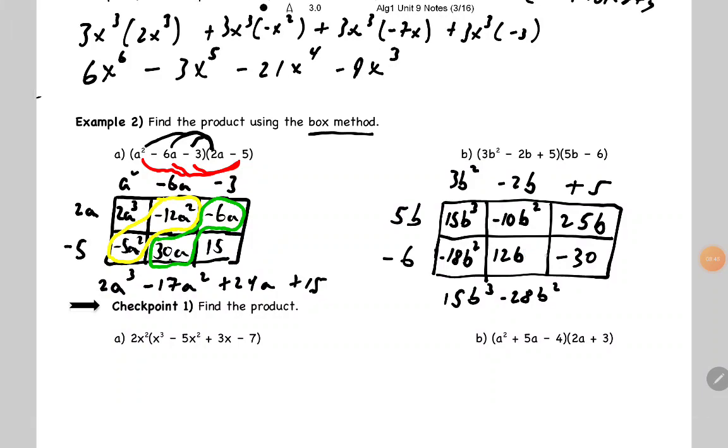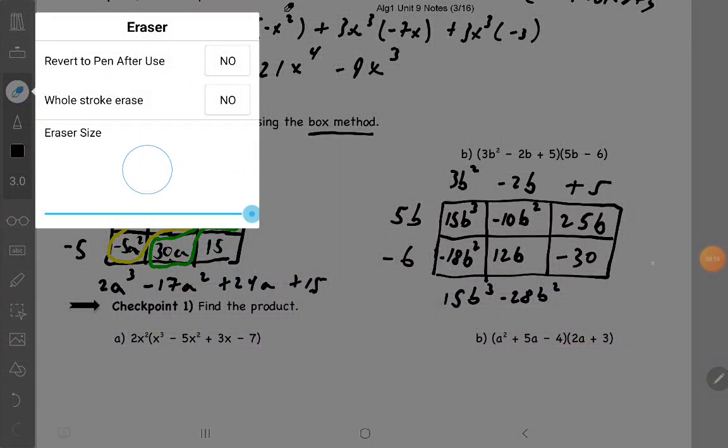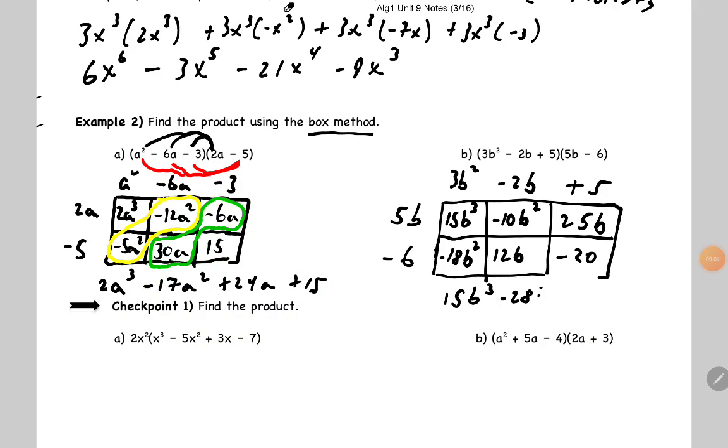There we go. So we have 12b and 25b. So what did I have here? I have negative 28b squared, and then 12b plus 25b, which is a positive 37b, and then we have a minus 30. And that's our answer.